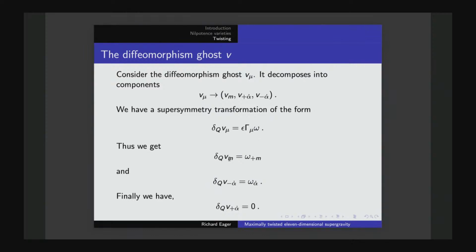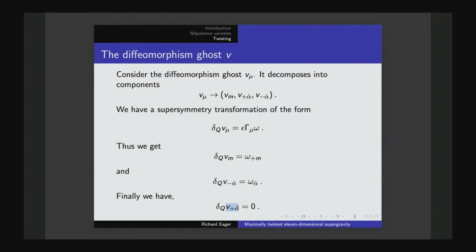And we see that 2 components of the spinor ghost are in the image, but 1 component is not. And so these two transformations are going to lead to cancellations in the twisted theory. And so these components will not survive the twist.